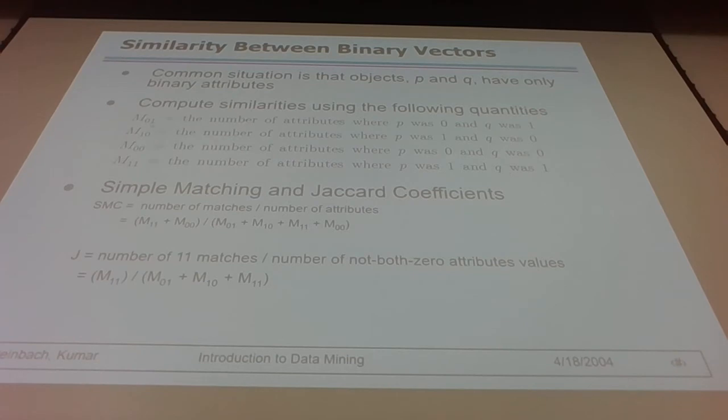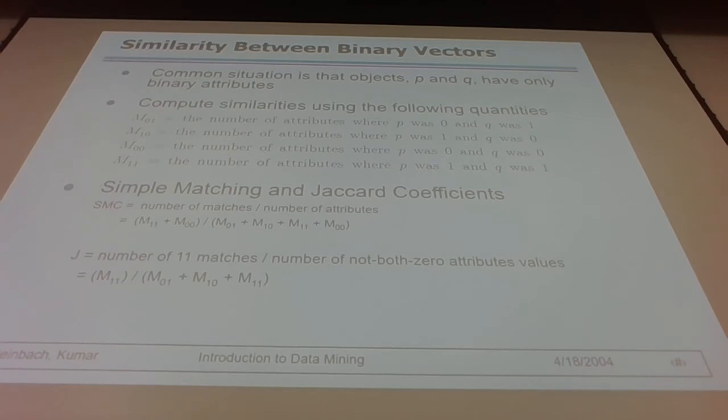M01 is the number of attributes where P was 0 and Q was 1. So you check the same attributes. Let's say it's an n-dimensional system. You check dimension 1 and count: does P have 0 in this attribute and does Q have 1 in this attribute? Then you add 1 to M01.